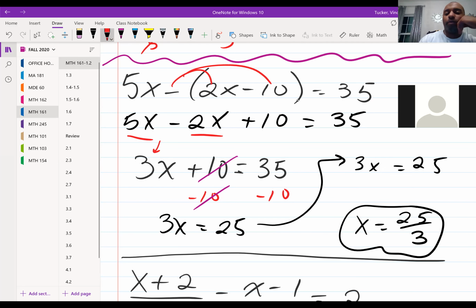Now to finish it off, we have 3x equal to 25, divided by 3. 3's cancel, x is equal to 25 over 3. All right, any questions? Questions?